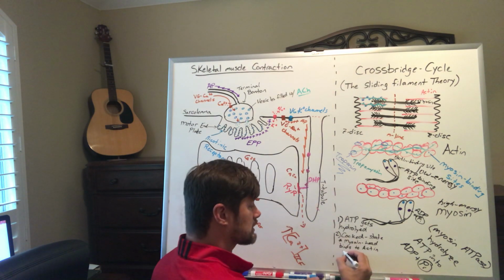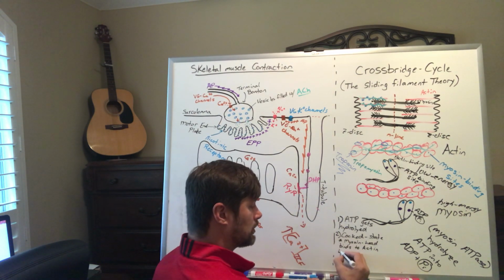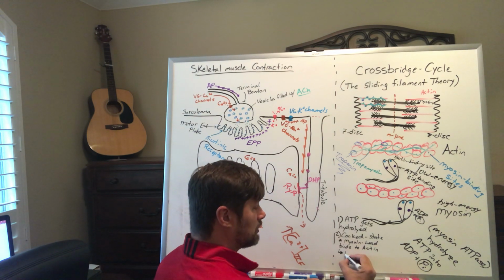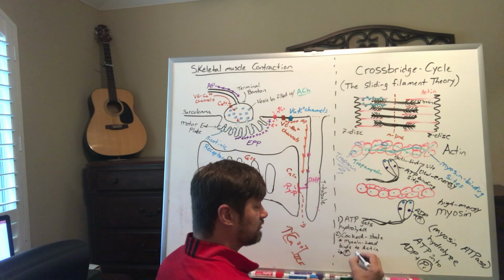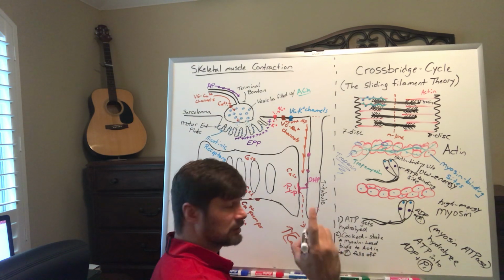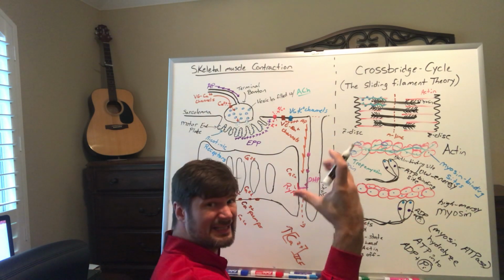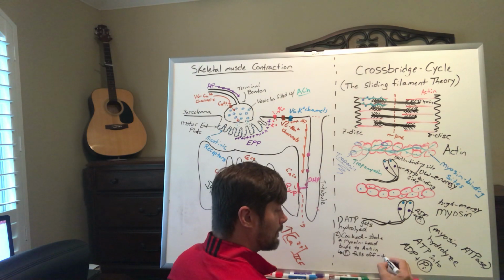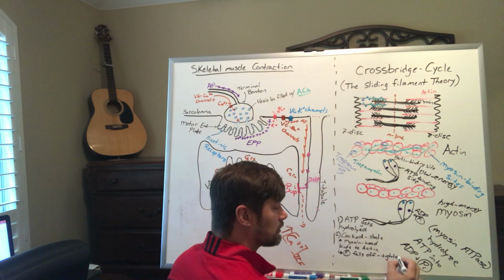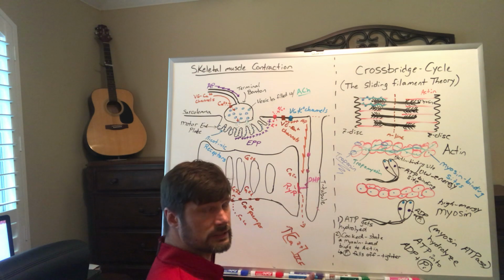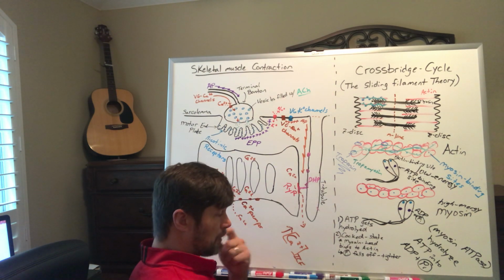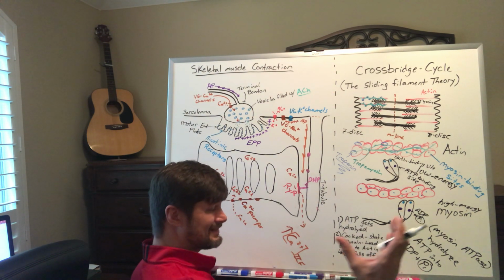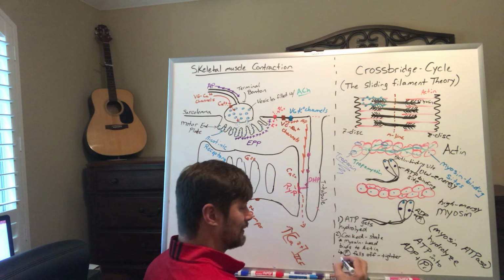What happens next? I'm going to draw a little arrow now. First, the inorganic phosphate falls off. And when that happens, the myosin head binds tighter. I'm just going to write in tighter because that's the room that I have. You guys have to do the rest on your side. When the inorganic phosphate falls off, the myosin head binds tighter.